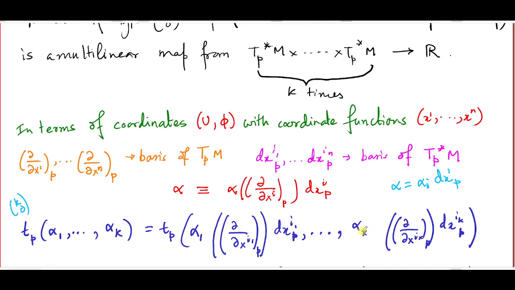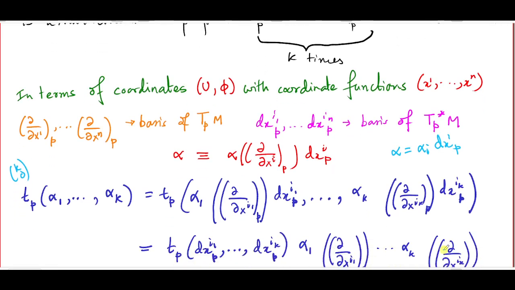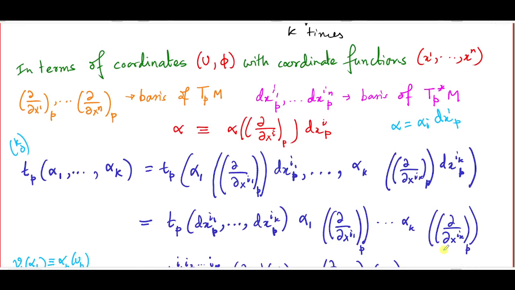Similarly, alpha k becomes alpha k acting on del x ik at p times dx ik at p. Now, these objects here, coefficients of the dxi's, are just numbers. And since Tp, the (k,0) tensor, is a multilinear map, you can pull out all of these numbers, and this becomes the same as Tp acting on dxi1 at p through dxik at p times these numbers.